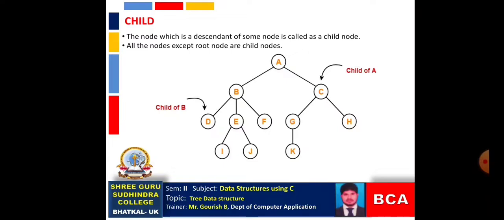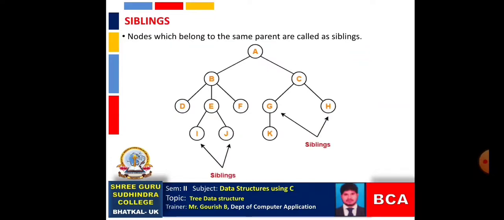Fine. Another thing is that all the nodes except the root node are child nodes. Next, siblings. Nodes which belong to the same parent are called siblings. It is very easy. So here B and C are siblings because for B and C, A is the same parent.